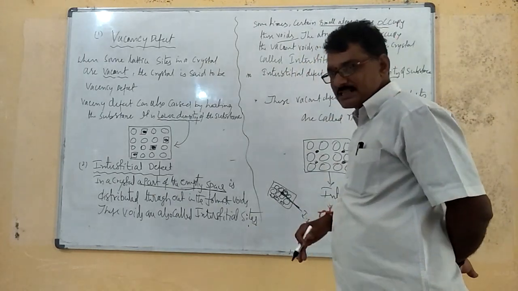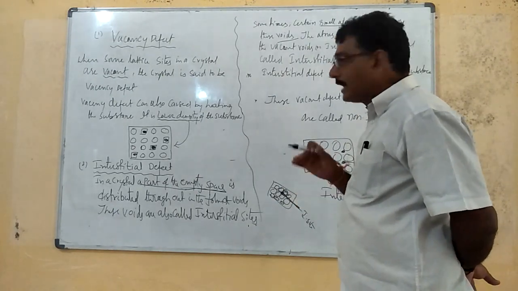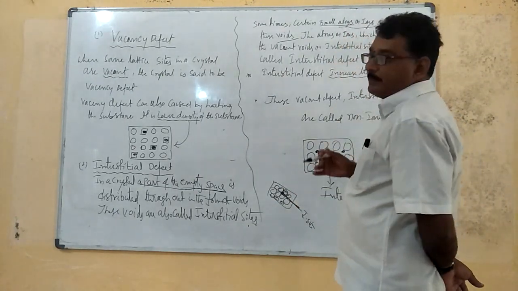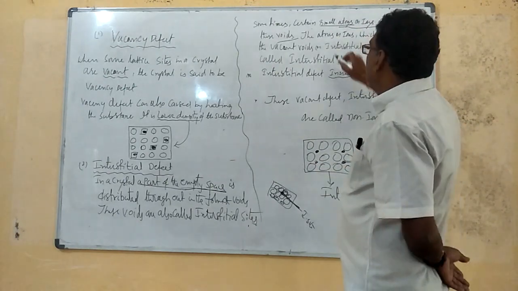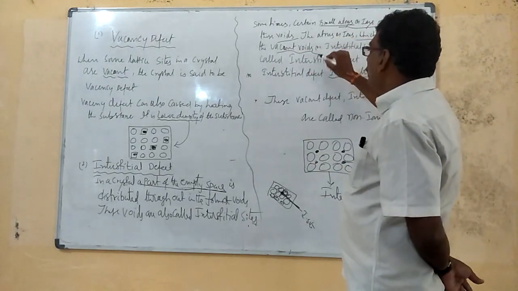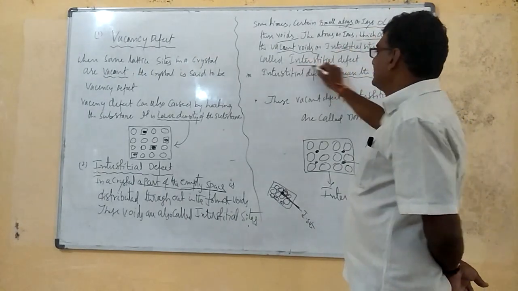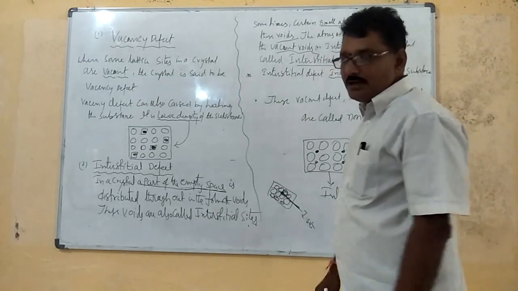Voids means space, and in that space small atoms or ions will be occupied. These atoms or ions which occupy the vacant voids, the interstitial sites in a crystal, is called the interstitial defect.